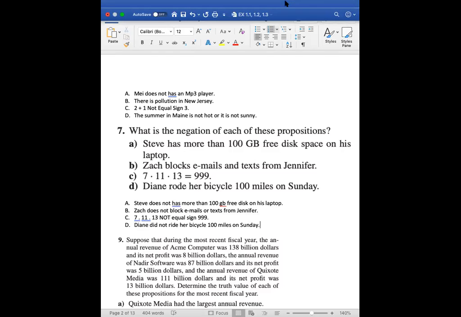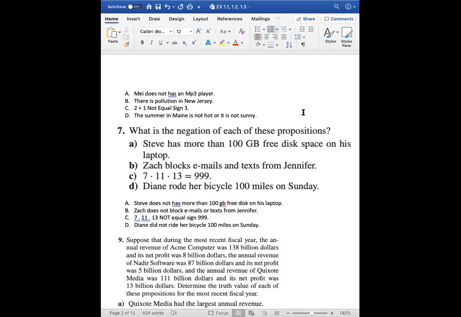So any questions here? So the negation of and is or. Yes, the negation of and is or, and the negation of or is and.